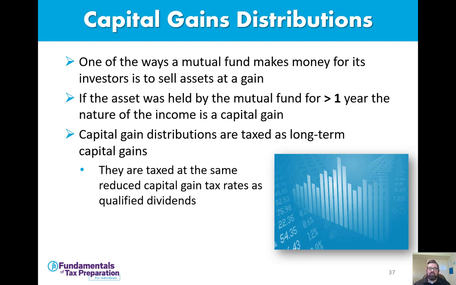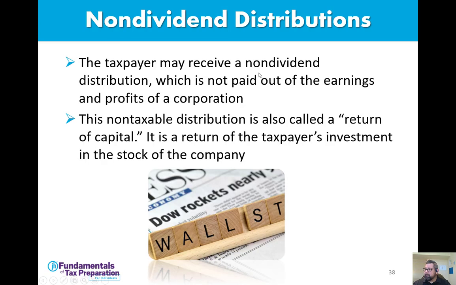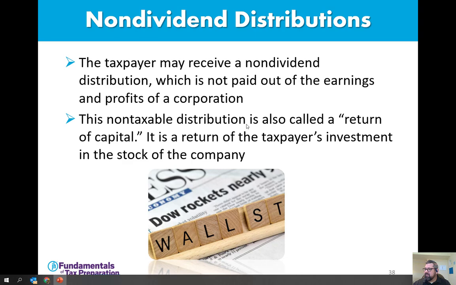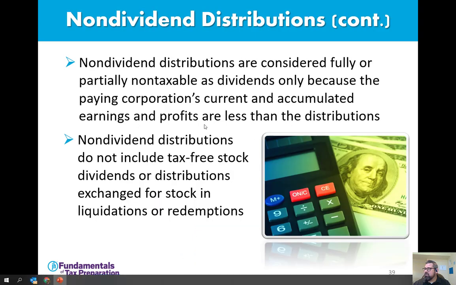But it can also be real property, like a home. If you buy a home for $100,000 and sell it for $120,000, that's a capital gain. A lot of times that's exempt because of certain tax laws, but that's what a capital gain is: you buy something at a lower dollar amount and sell it at a higher dollar amount. Non-dividend distributions, I'm not even going to worry about that.